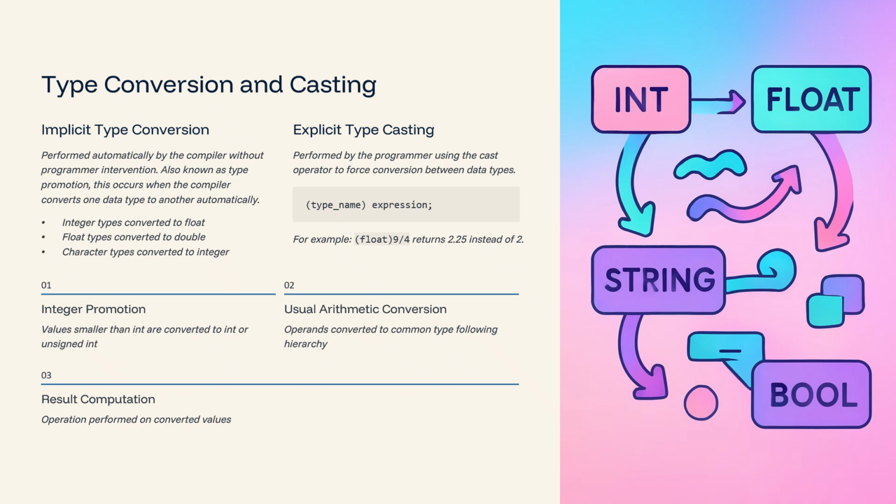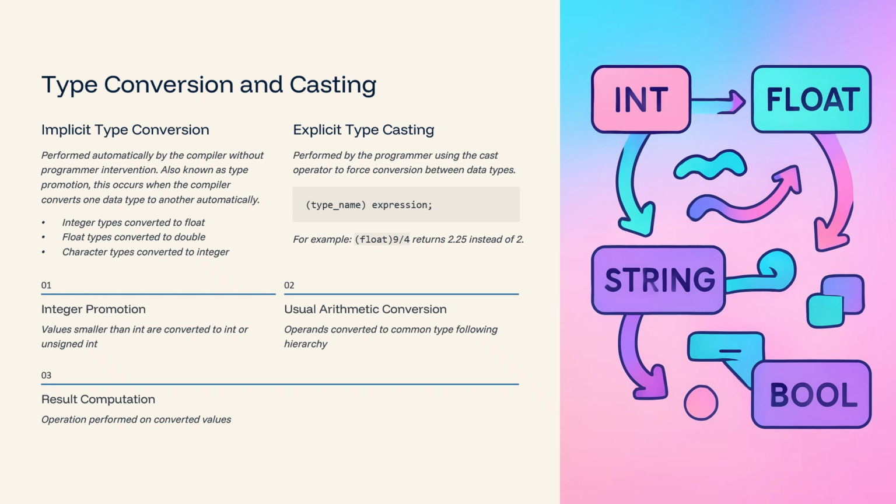Implicit type conversion is performed automatically by the compiler without any programmer intervention. It is also called type promotion. This occurs when the compiler converts one data type to another automatically, like integer to float, float to double, and character to integer. Explicit typecasting is performed by the programmer using the cast operator, to force one conversion to another.